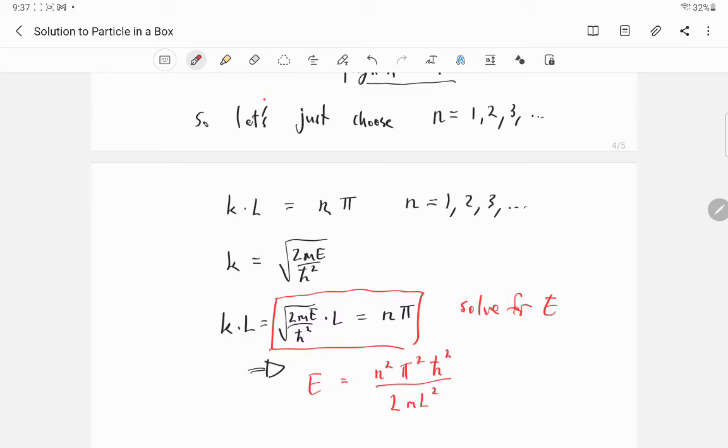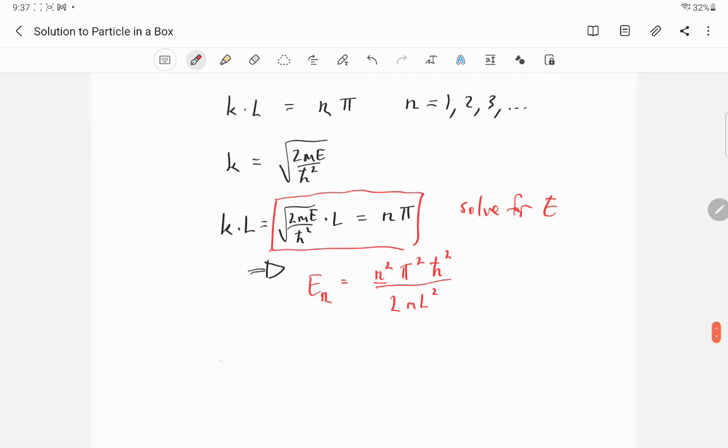2mL squared. And h bar is a constant, pi is a constant, 2 is a constant, the mass of the particle is a constant, the interval length is constant, not allowed to vary in time or space. So the only thing that the energy seems to depend on is the integer n. So let's label it with E sub n.